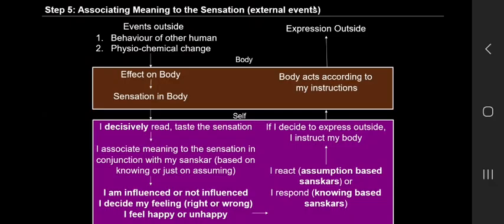So at that point, awareness is required that I am at separation from the body. I need not involve my body all the time. I am not bound to involve body each time. So many reactions, many things I can resolve within myself.